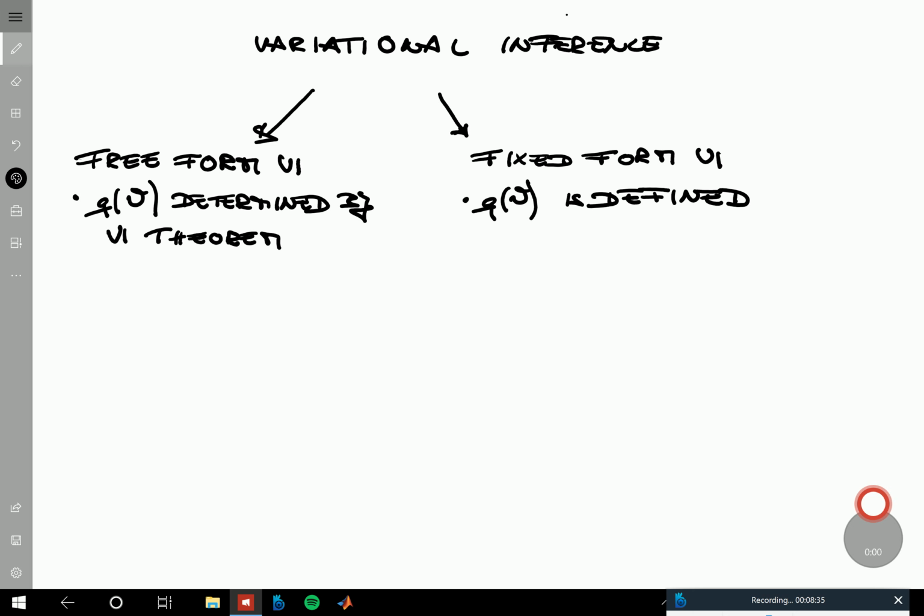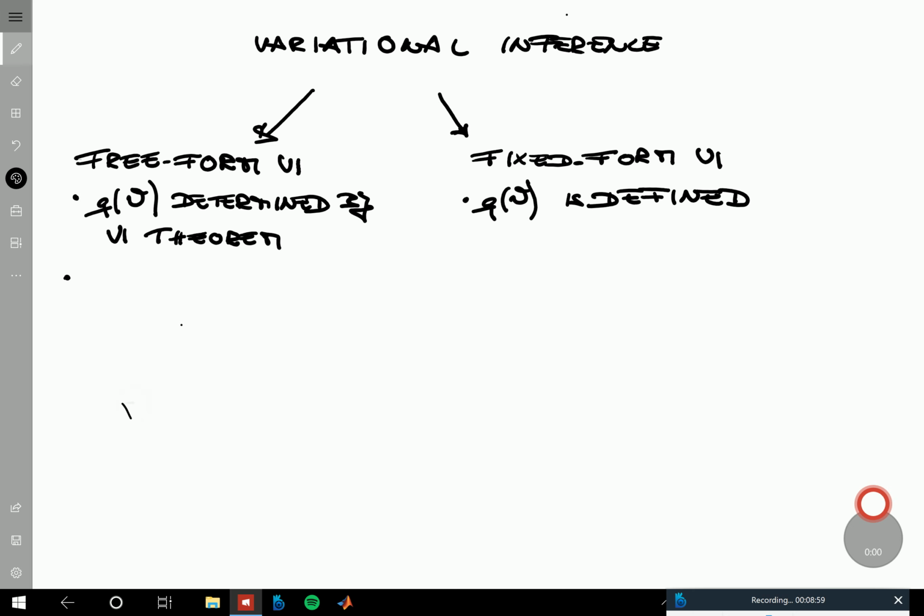So this is where the names come from. Free form means the form of the variational distribution is free and then determined by the variational inference theorem. In the fixed form paradigm, the variational distribution is assumed to be of a specific form from the outset.